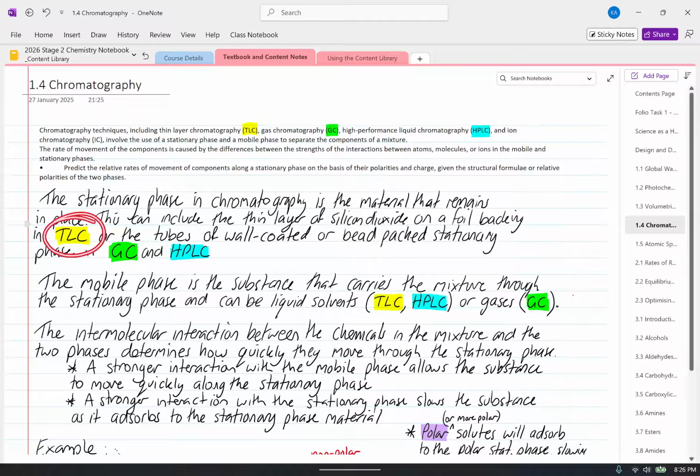For TLC, which is thin layer chromatography, you have a thin layer of stationary phase made up of varying materials. For gas chromatography and high performance liquid chromatography, you'll have tubes either completely packed with a stationary phase, like tiny beads, or wall coated. So there's a tiny little hole through it, but the walls are coated in stationary phase.